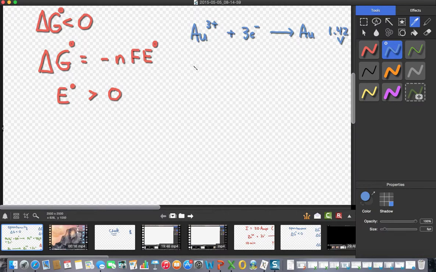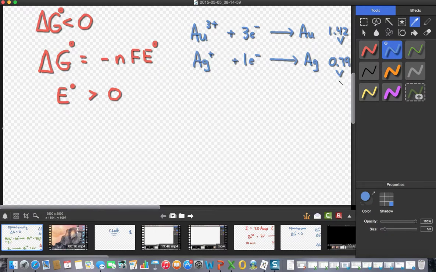Let's also look at silver plus, plus 1 electron being reduced to silver. This has a reduction potential of 0.79 volts.